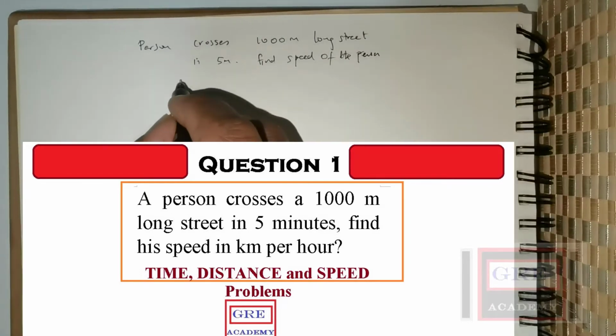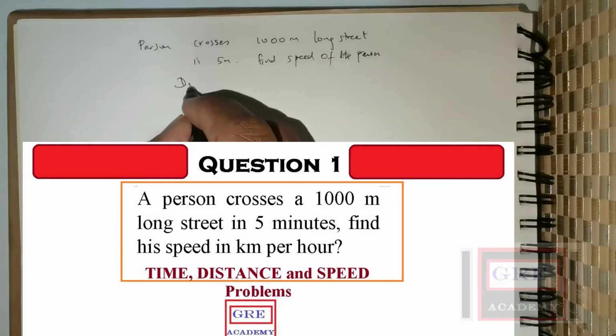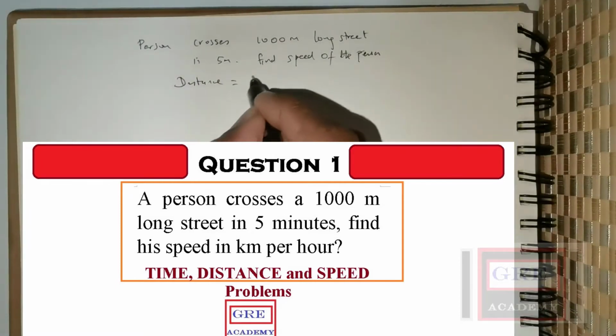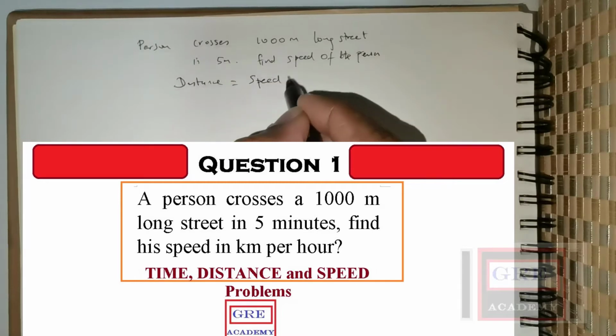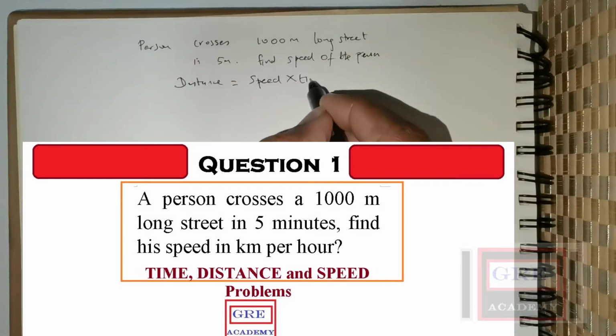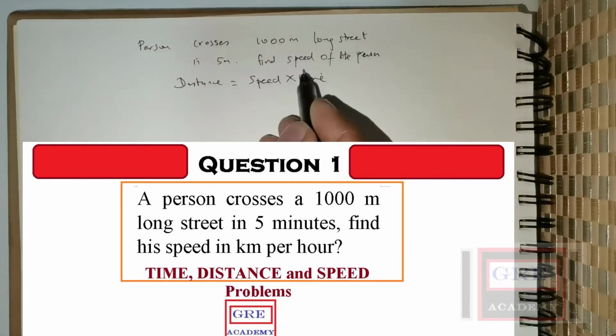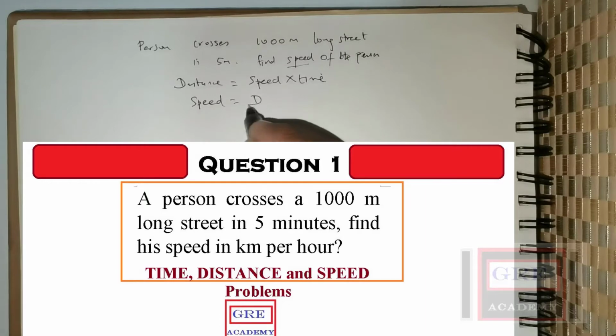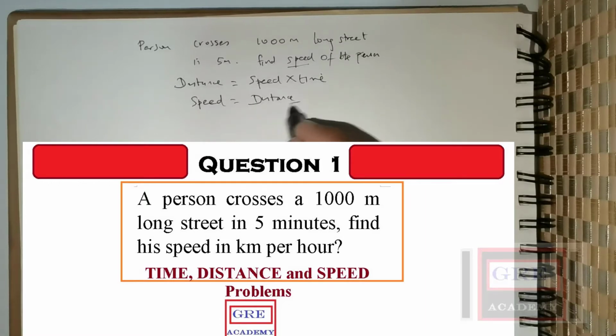Now you have to know there is a formula which says that distance is equal to speed times time, and since we are asked to find the speed, I can rewrite this as speed is equal to distance divided by time.